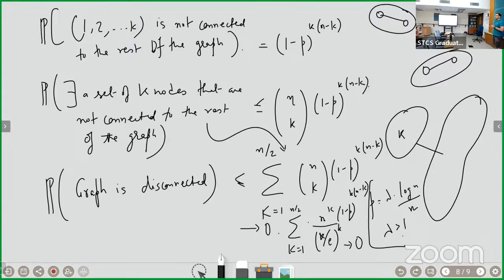In the branching process, as long as the expected number of progeny was greater than 1, the probability of extinction was smaller than 1. That's precisely the big picture. That corresponds to percolation, does not correspond to connectivity. Connectivity you need almost all nodes, so it's a very strict requirement.